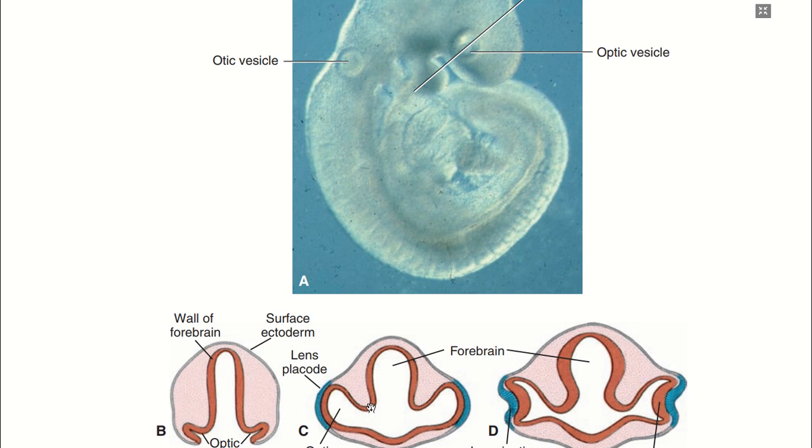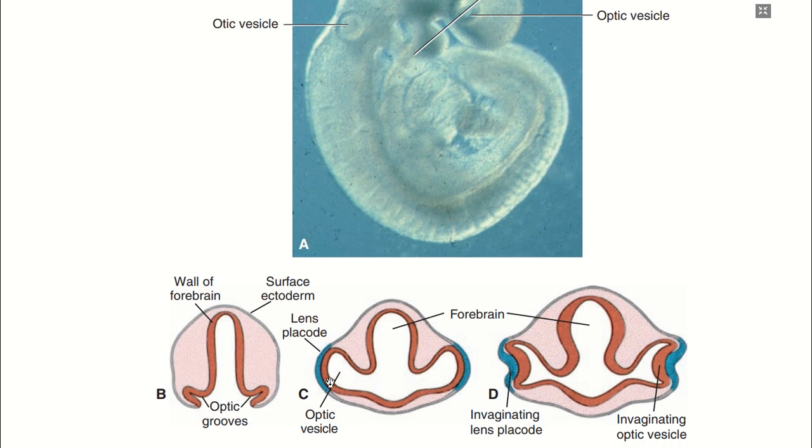The optic vesicle is going to grow towards the surface ectoderm, and then it's going to induce the surface ectoderm to proliferate and form a layer that is called the lens placode. So the lens placode is actually induced by the optic vesicle, which is coming from the forebrain. Take note of this: the optic grooves are outpocketings of the forebrain around day 22.